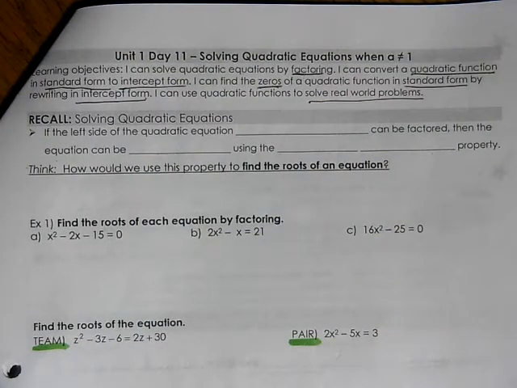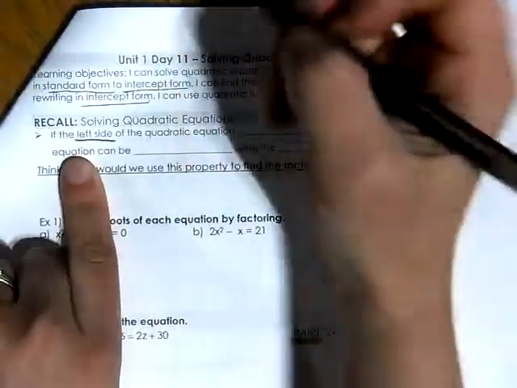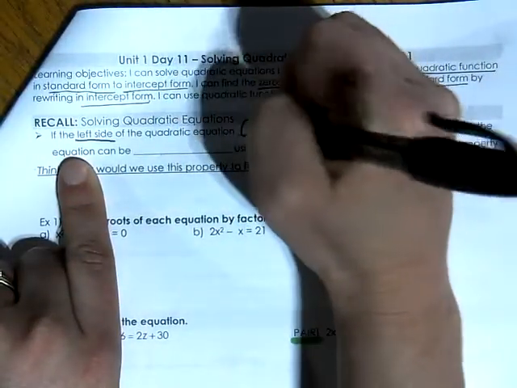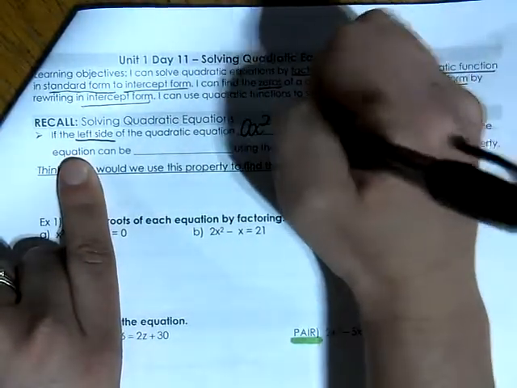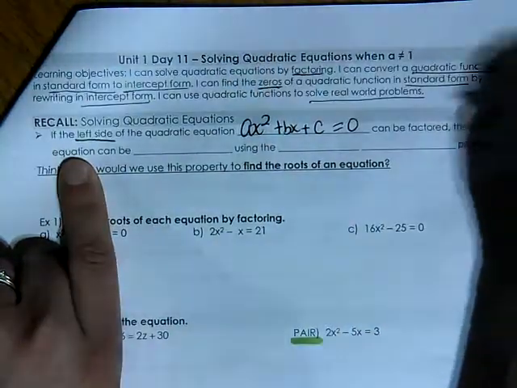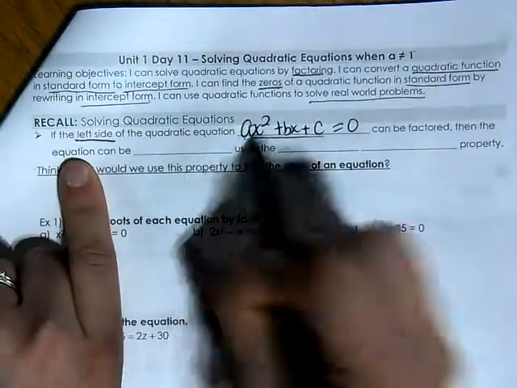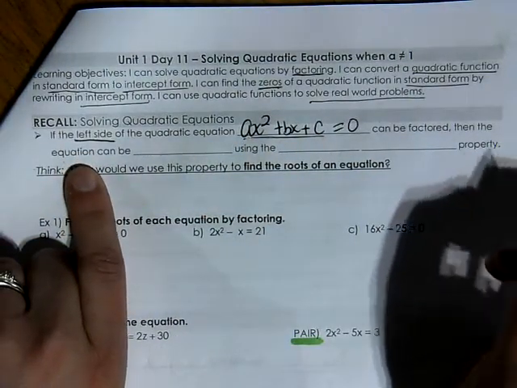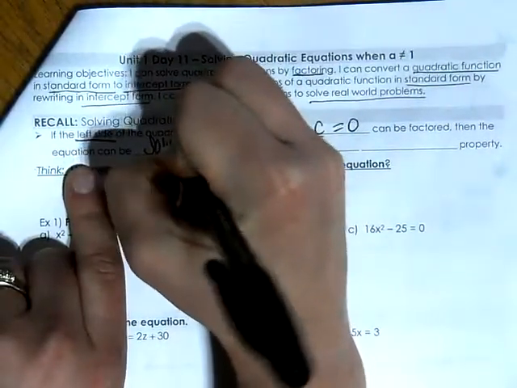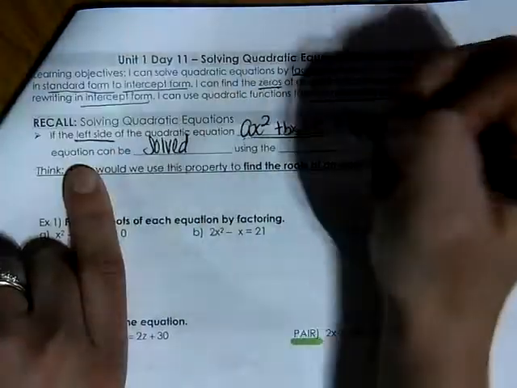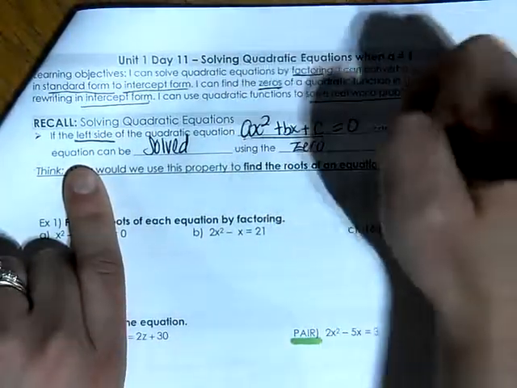So recall that solving quadratic equations means that if the left side of the equation is ax squared plus bx plus c equals 0, it can be factored. So if this left side can be factored, then the equation can be solved by using the zero product property.